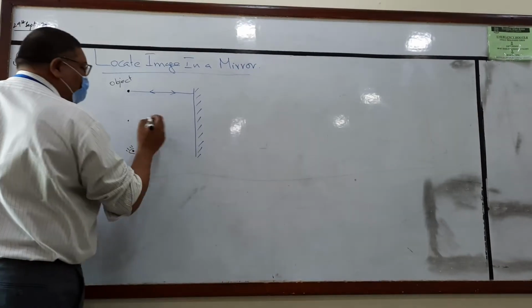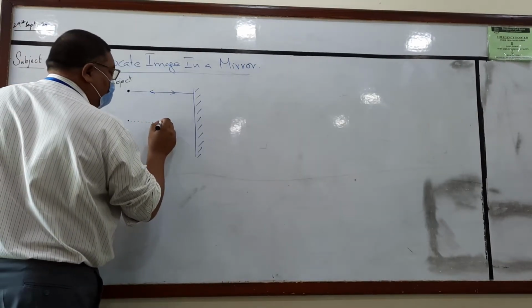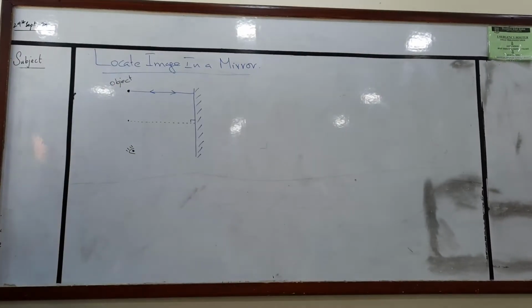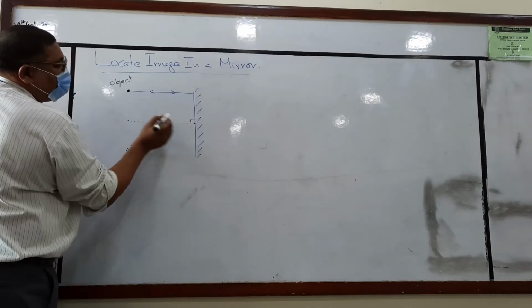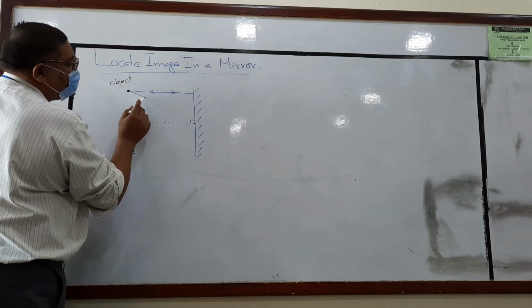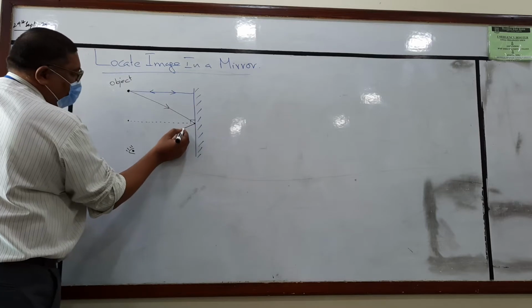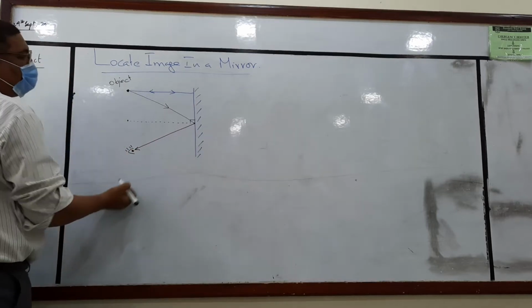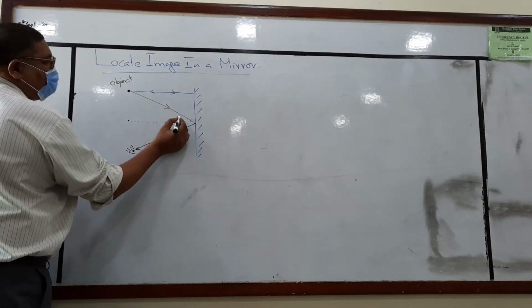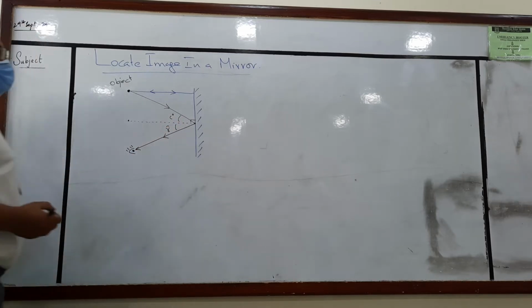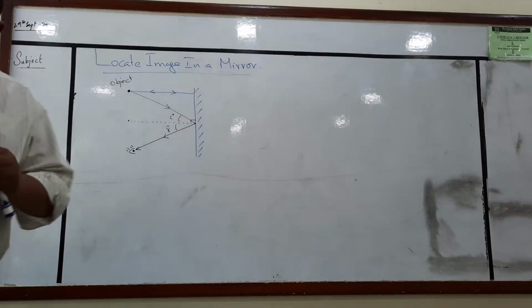Take this point to the mirror, making a 90-degree angle with the mirror. Then with the help of a scale, join this point with the object, and join this point with the observer. This will be the angle of incidence and this will be the angle of reflection, and they will automatically be equal to each other.